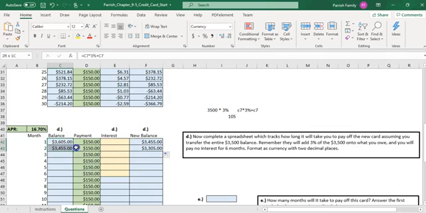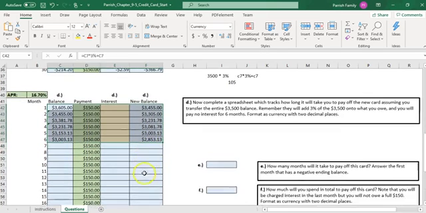I'm going to click this and drag it down to here. So each time it took 34 and subtracted 150, and then 33 and subtracted 150, 32 and subtracted 150, and it came up with these balances.